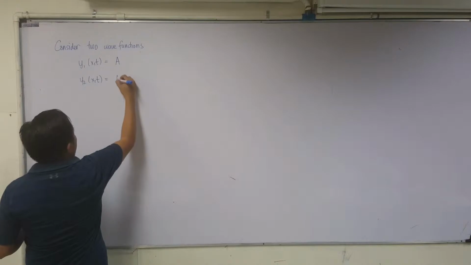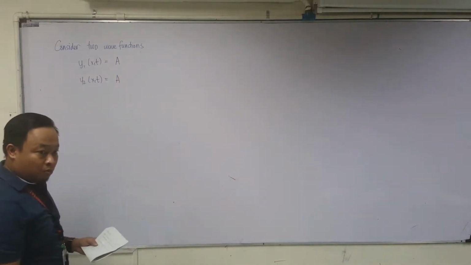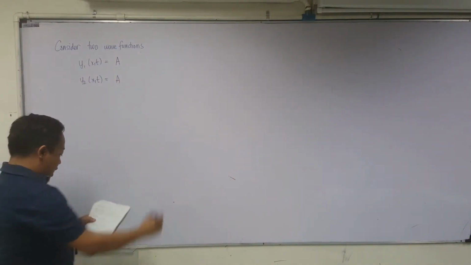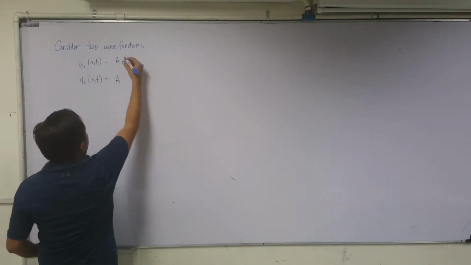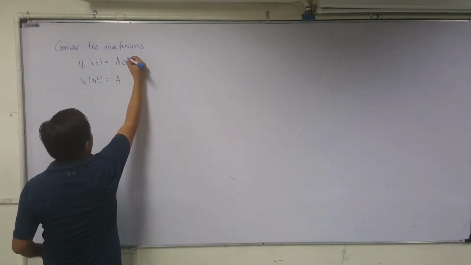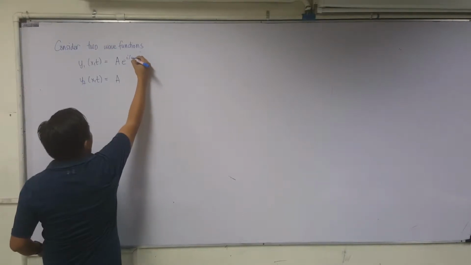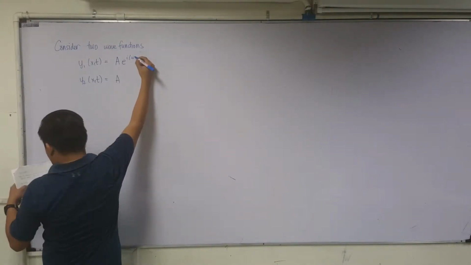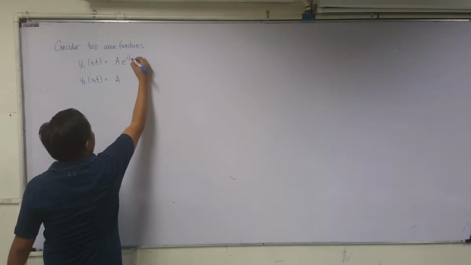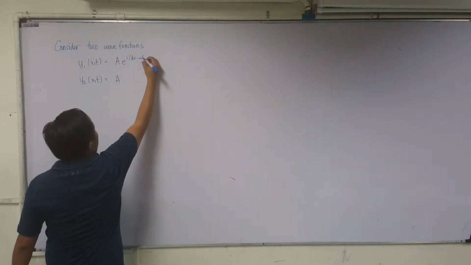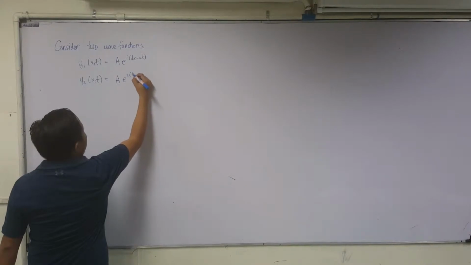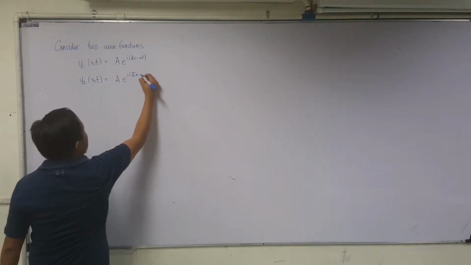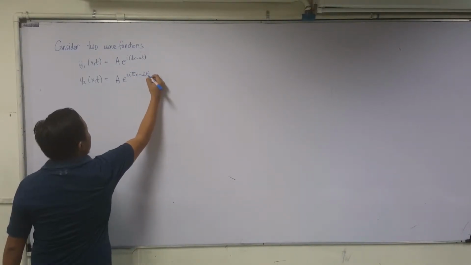They both have the same amplitude, and their wave functions are given by A e to the i(kx minus omega t) and A e to the i(capital K x minus omega t).